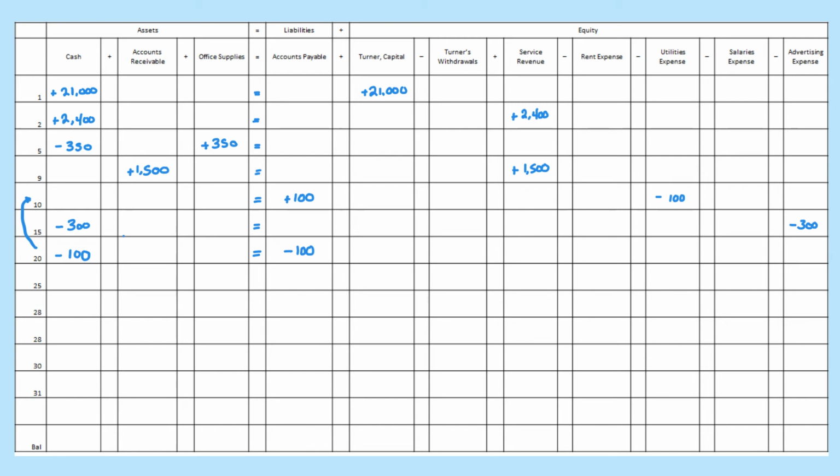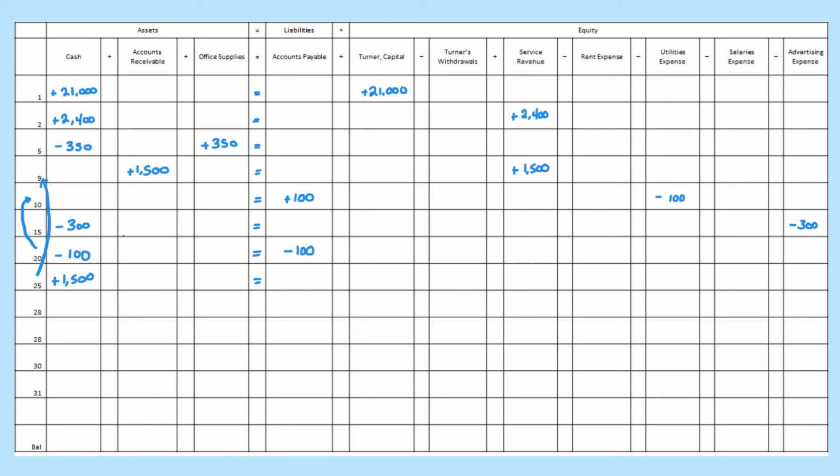On December 25th, collected cash in full from customer billed on December 9th. So collected cash, so my cash increased by 1,500. Again, it's related to transaction December 9th. Now, did I provide service again to this customer? No. I received what they owe.